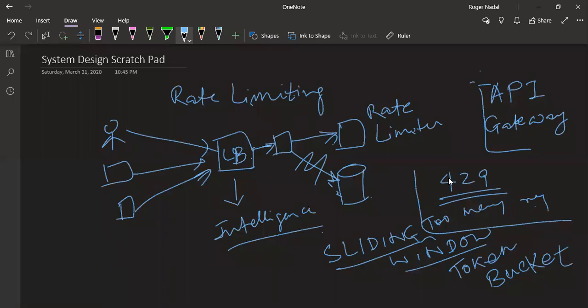Is that clear? Yes. And the token bucket could be like, not all requests are equally costly, right? Maybe some requests are very load intensive. So you can allow a certain number of tokens. Suppose one write call is equivalent to 5 read calls. I'm just giving you a vague example.